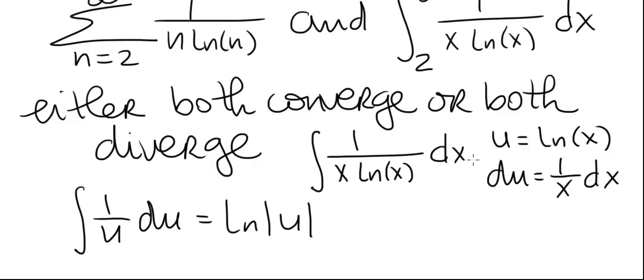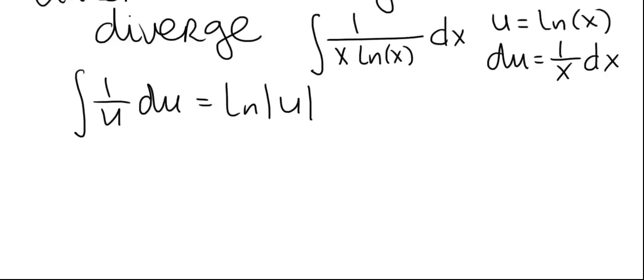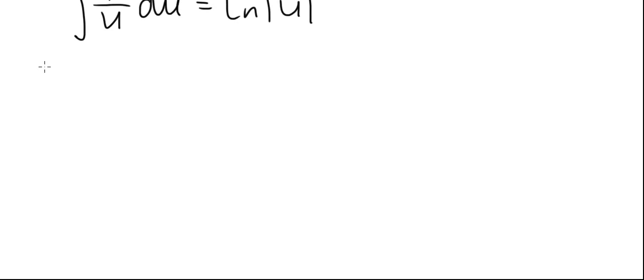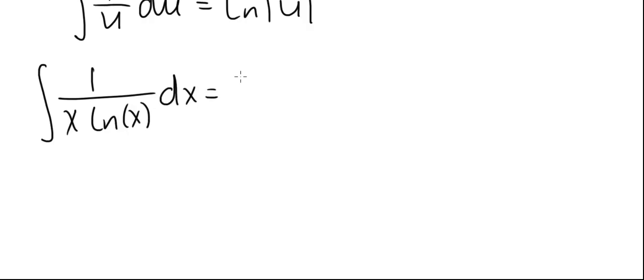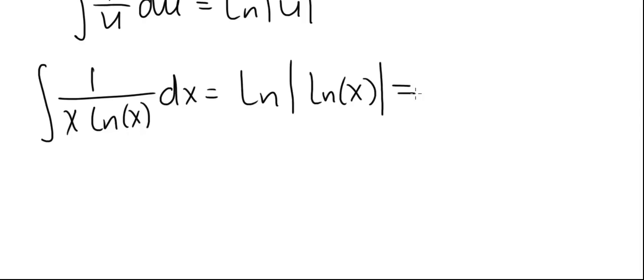So that means that the antiderivative, with constant 0, of 1 divided by x ln of x is equal to natural log of absolute value of natural log of x. Now, because we're working on the interval from 2 to infinity, natural log is positive for any value of x in that interval. We can drop absolute value and write it as natural log of natural log of x.